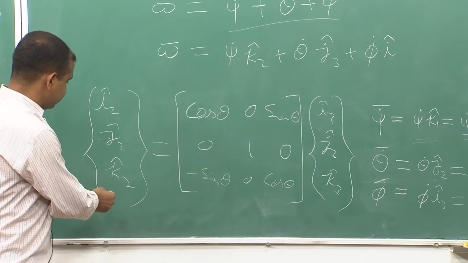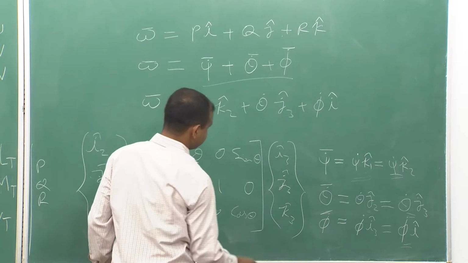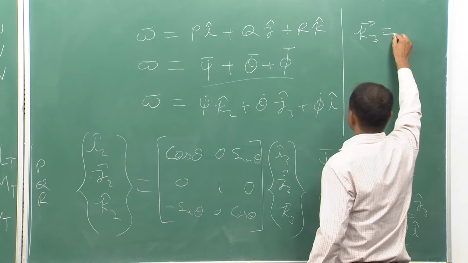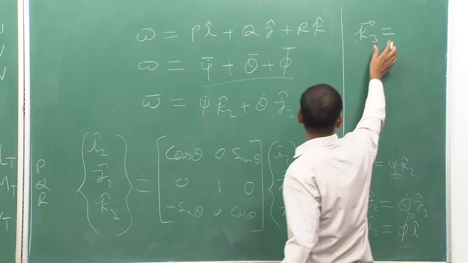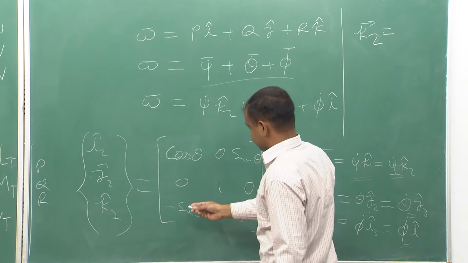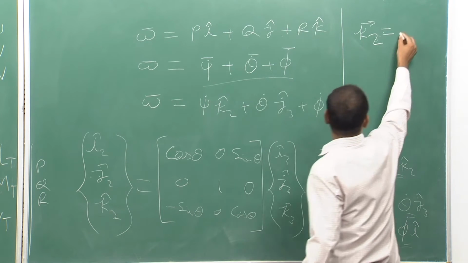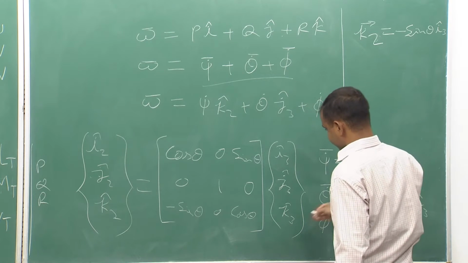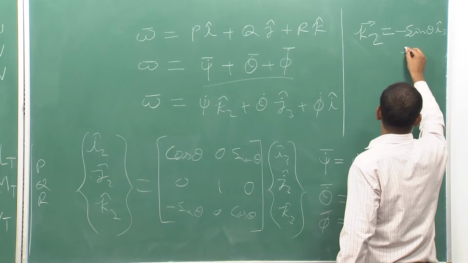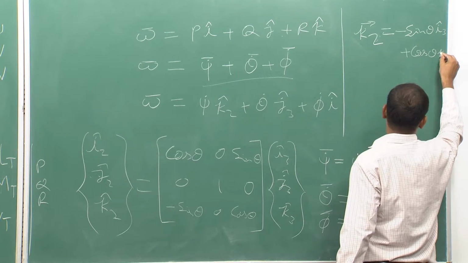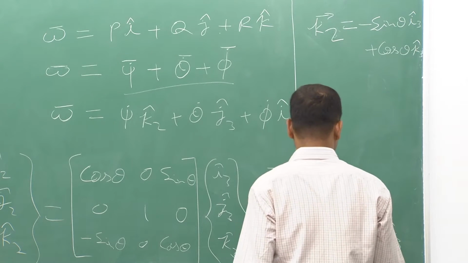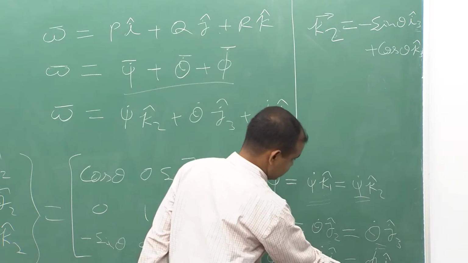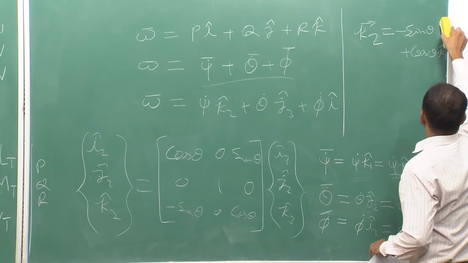So, from here I can get k2 in terms of I3, j3 and k3, and I can write k2 is equal to minus sin theta I3 plus cos theta k3. I3 I already know is I, so I can eliminate it and write it as I.